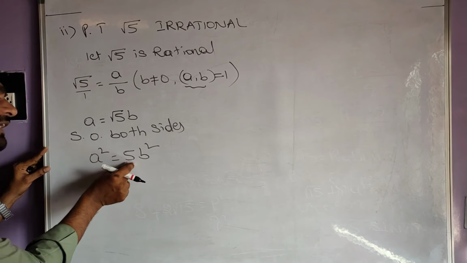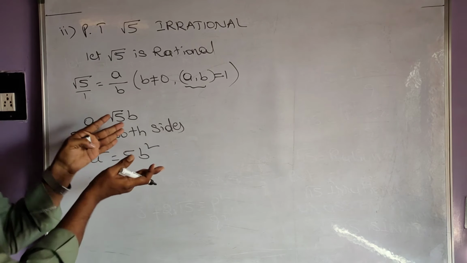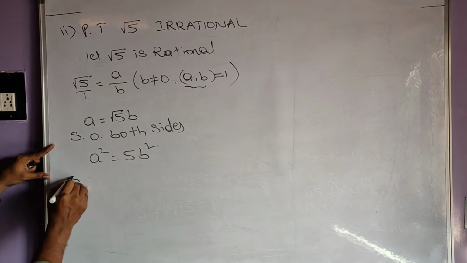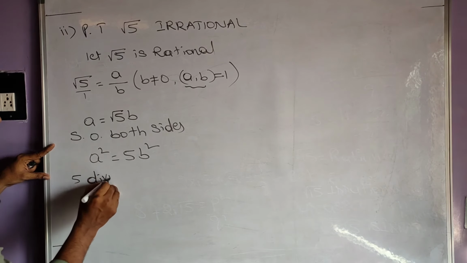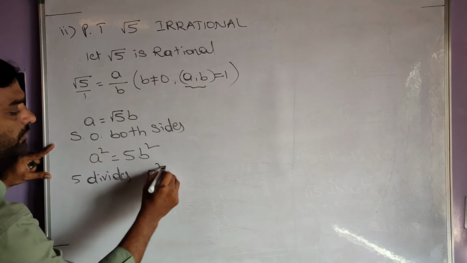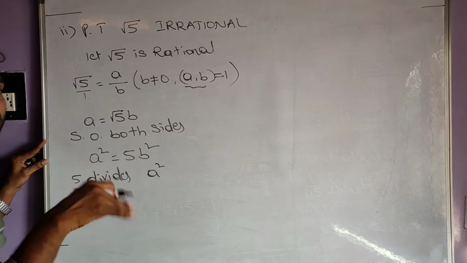Here 5 divides a square. We got a square equal to 5b square, that means 5 divides a square. If 5 divides a square, then 5 divides a also.